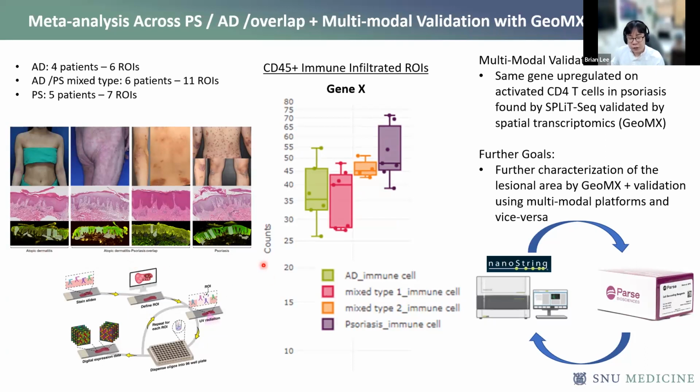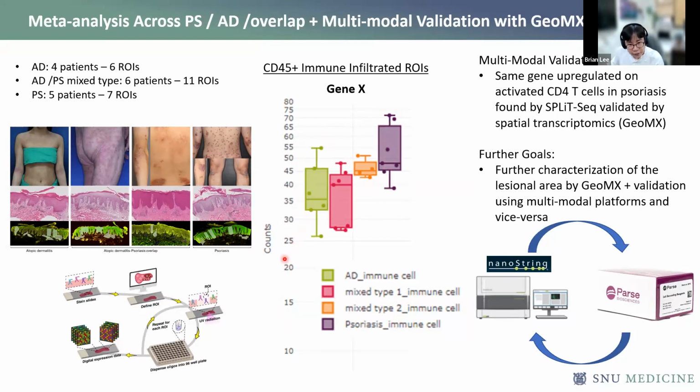What was very interesting was that, here in green is the AD ROIs, and this is looking at CD45, so immune infiltrated ROIs. And what we'll see is that that same gene X that I mentioned that we identified as very specific to psoriasis, that gene is lowest in AD, and that gene is also highest in psoriasis by GeoMx.